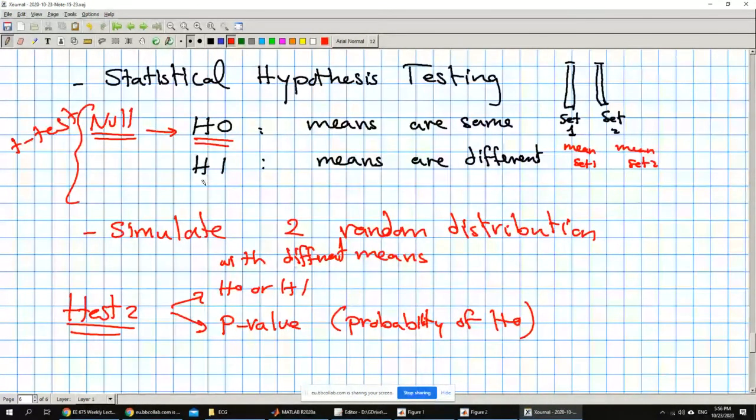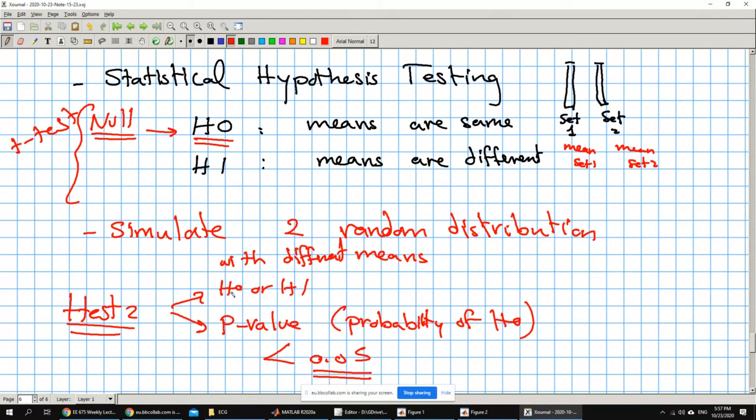So if I want to make sure that H1 is the proper hypothesis, the one that applies to my data, I have to make sure that the p-value is very small. Usually, people like to have it below 0.05. If it's above that, you cannot rule out H0. So if the p-value is below 0.05, it will give you H1. If it's above 0.05, it's going to give you H0.